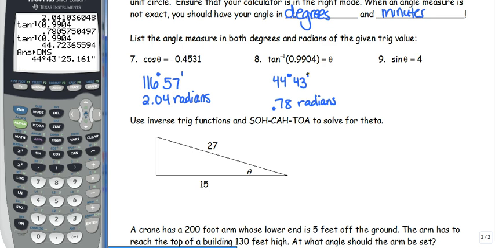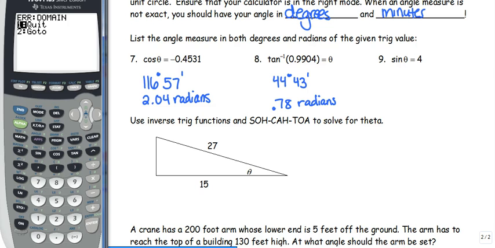And our next one, we have sine of theta is equal to 4. So second sine 4, enter, and we get an error message. This is actually not possible. We know that sine has to be between 0 and 1.